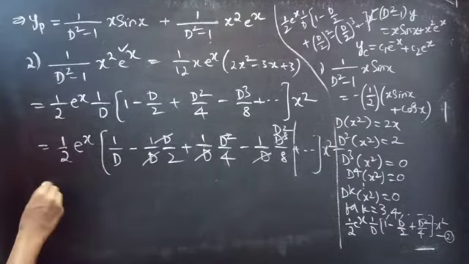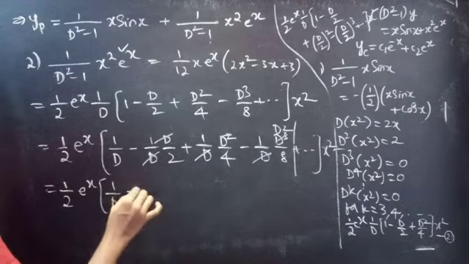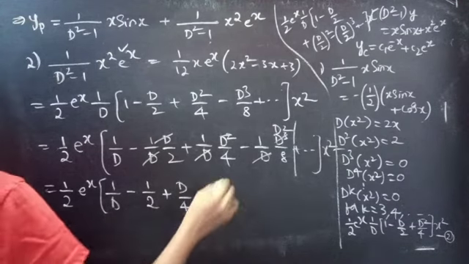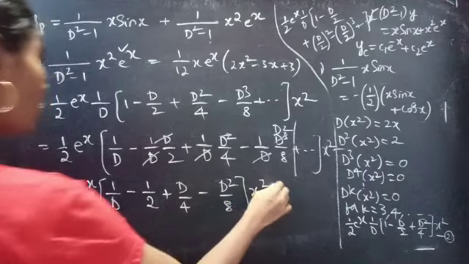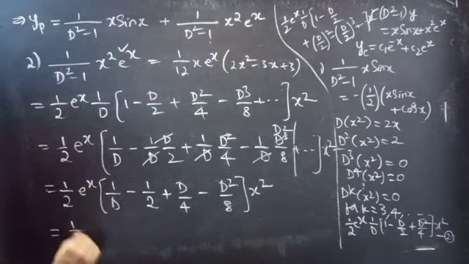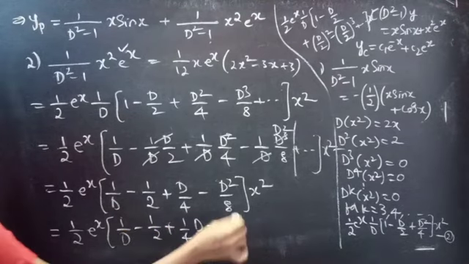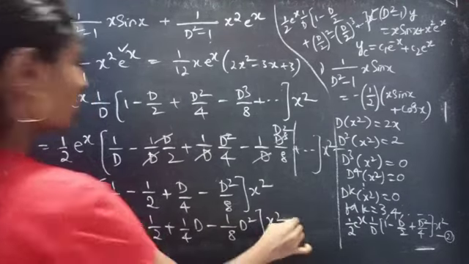Then we'll get 1/2 e^x (1/D - 1/2 + D/4 - D²/8) x², which equals 1/2 e^x (1/D - 1/2 + 1/4 D - 1/8 D²) x².